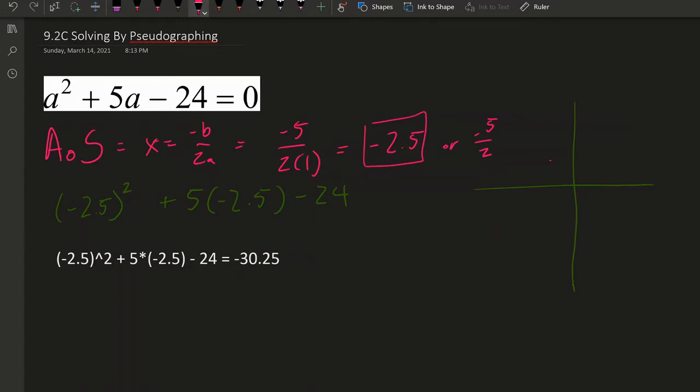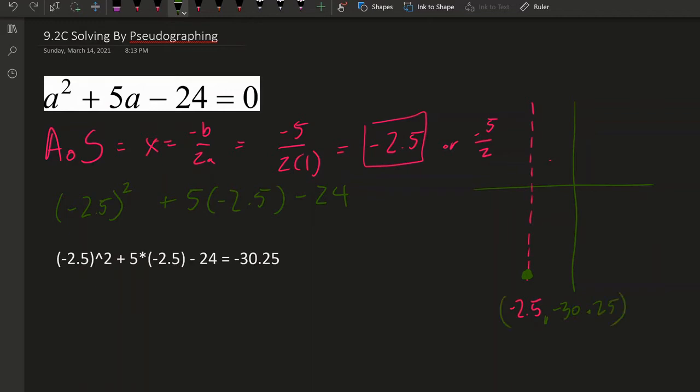First, my axis of symmetry is at negative 2.5. And then my vertex is at negative 2.5, but it's at negative 30.25.